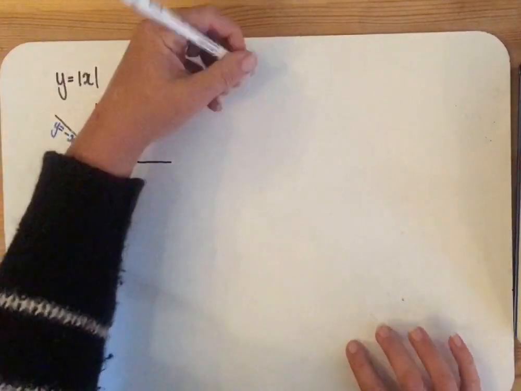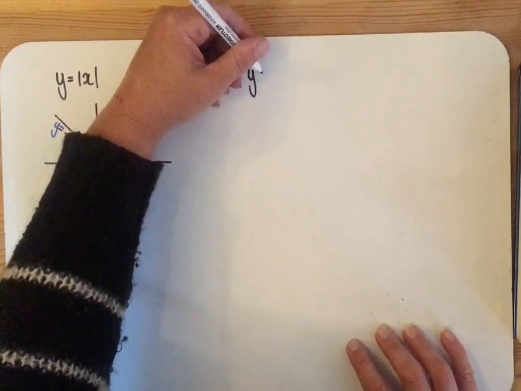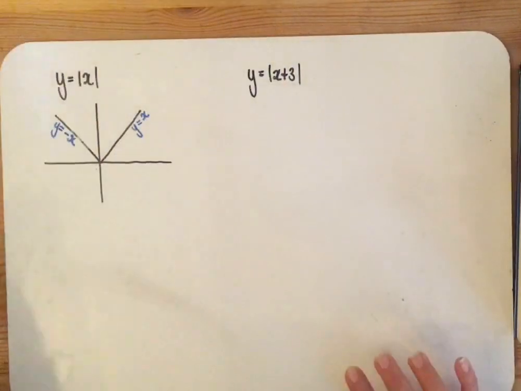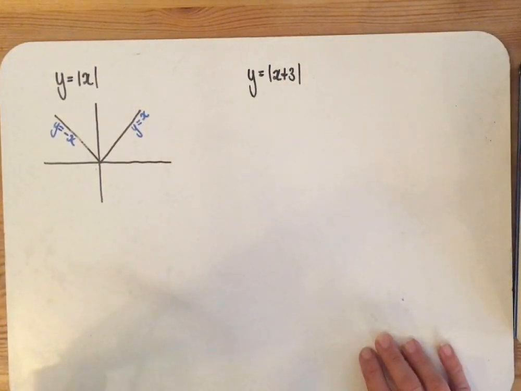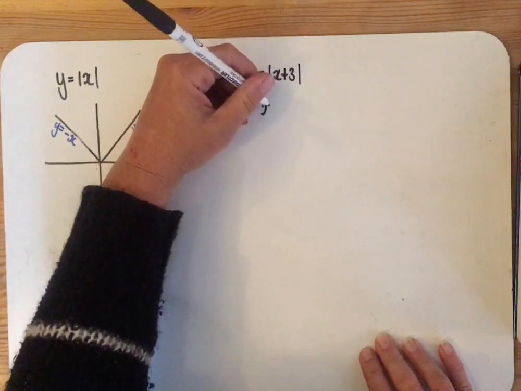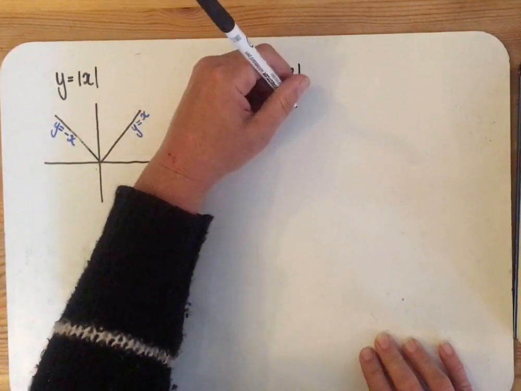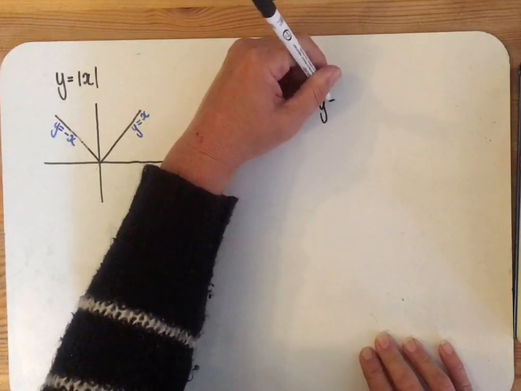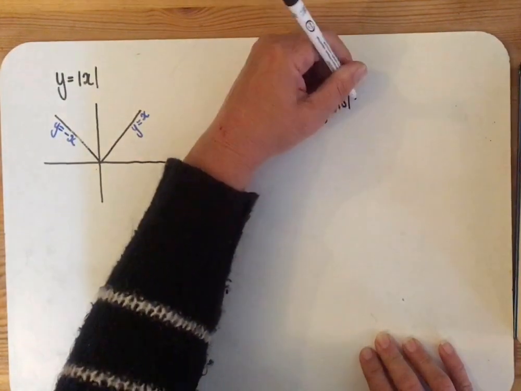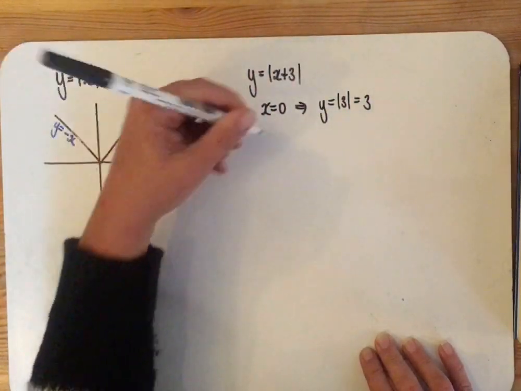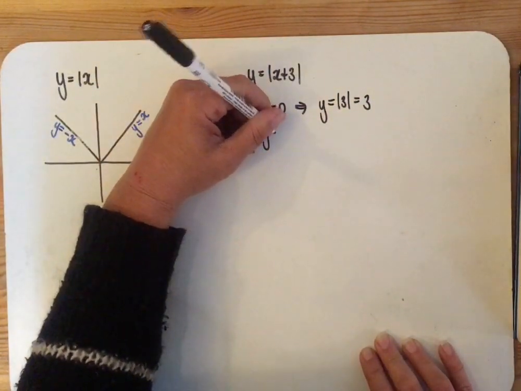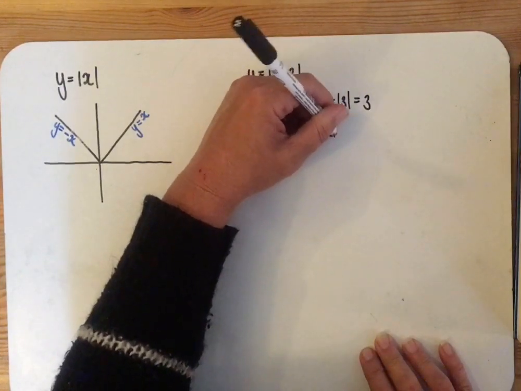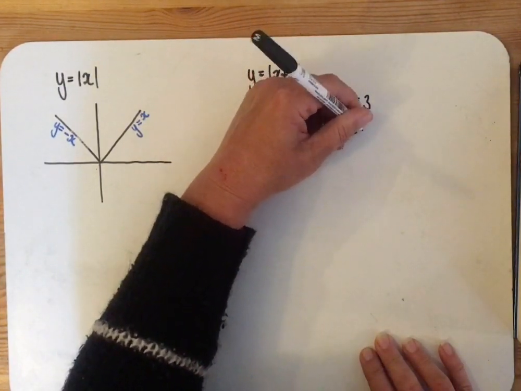Right, just extending that slightly. So if we look at y equals the modulus of x plus 3, you can do the things you normally do, i.e. find x and y axis intercepts. So when x is 0, so I'm putting 0 in there, y equals the modulus of 3, which is just 3. And when y is equal to 0, the modulus of x plus 3 is 0.